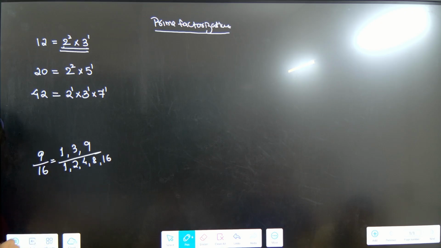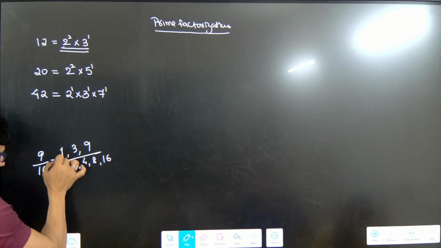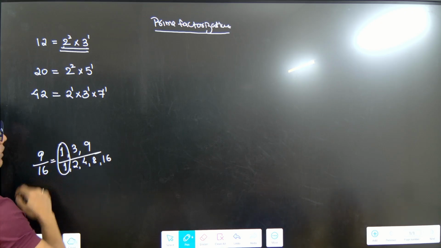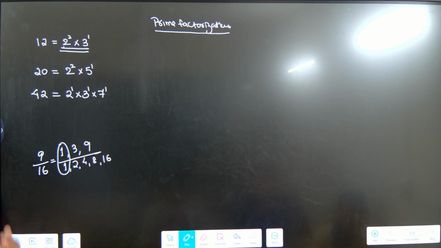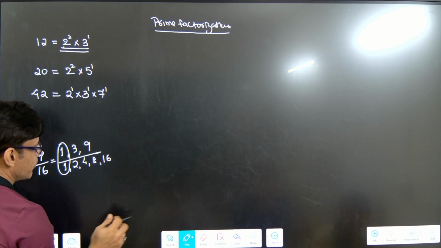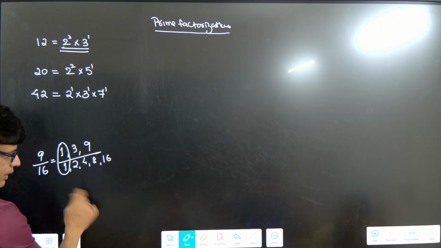Why can you not cancel it? Because no factor is common except 1. When only 1 is the common factor, that is, the highest common factor between them, then the numbers are said to be coprime. Individually they are not prime, but together they are coprime. We'll come to that. This part is clear, coprime is also clear.